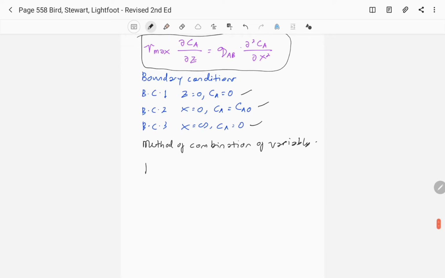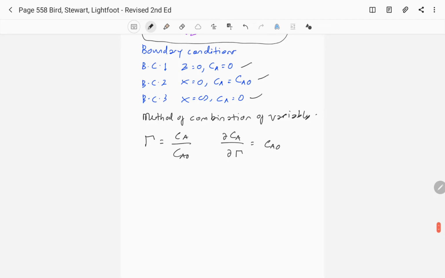So if we do this by expressing Ca over Ca naught, this one is the dimensionless concentration, and then del Ca over del of this becomes Ca naught. Okay, and then this particular variable is a lump of the x and z in here.